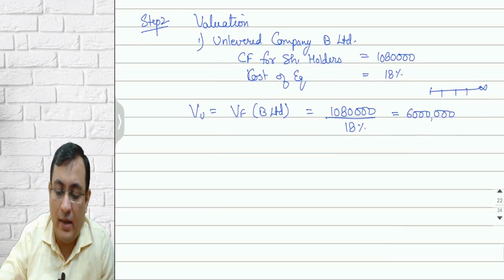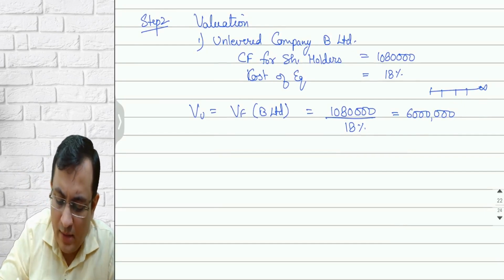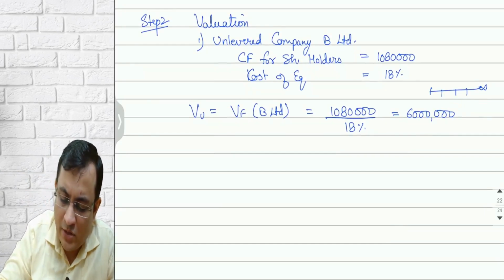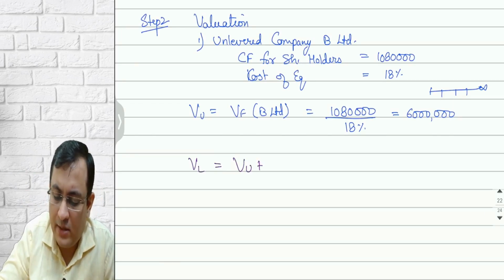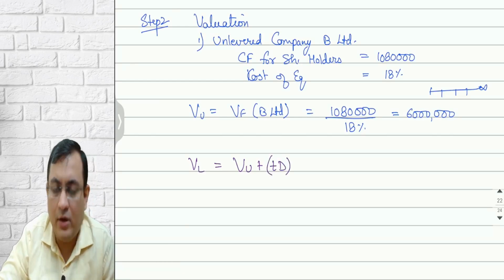Now we have got the value of unlevered. Now we will do the valuation of levered. Valuation of levered is equal to valuation of unlevered plus T into D, the formula we have already derived.